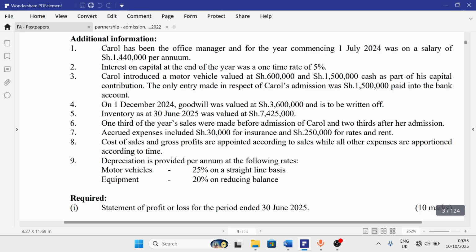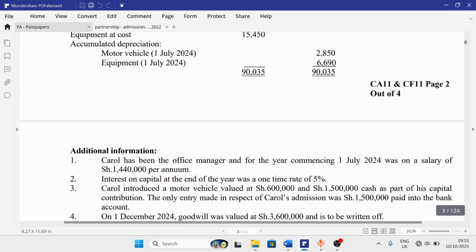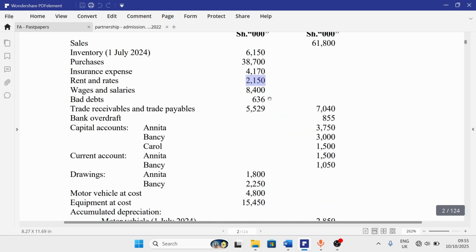If we go to additional information number 7, we were told accrued expenses included 30,000 for insurance and 250,000 for rates and rent. So we are going to take 250, we add it to 2150 to get the total amount for rent and rates.